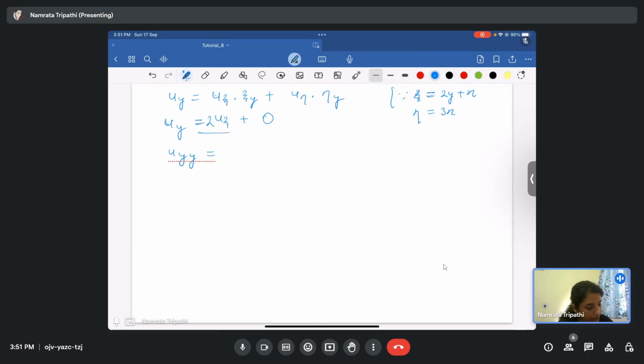You can directly differentiate this term, or you can use the formula. So this is 0, this is 0, and what is the value of this? 2, so this is 4.